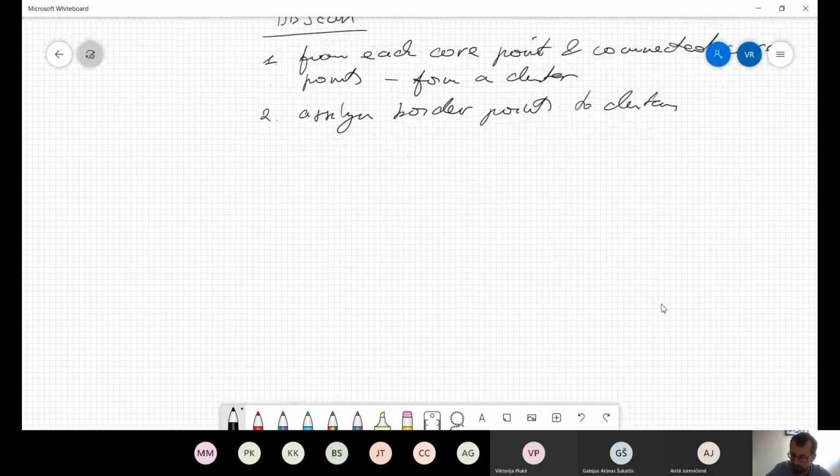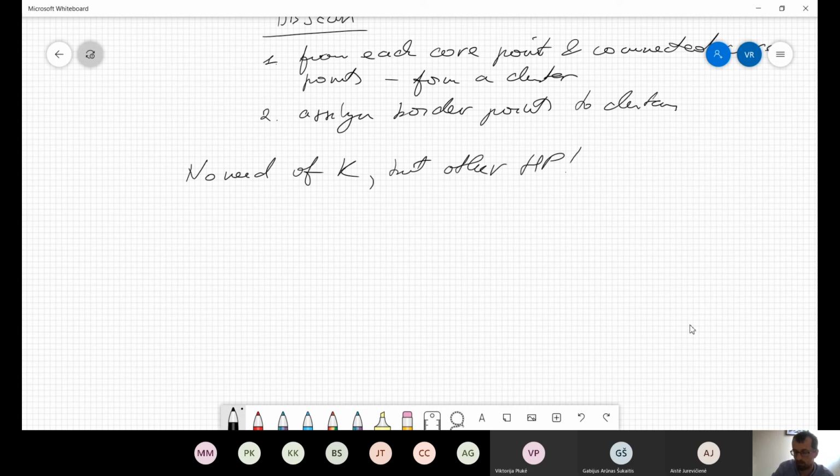So this algorithm is good because, again, there is no need for k, but you have other hyperparameters to consider. If you want to avoid having k defined, you need to define others, right?